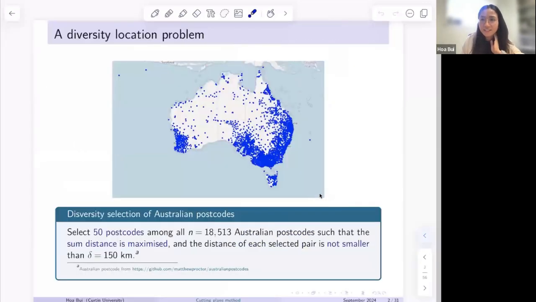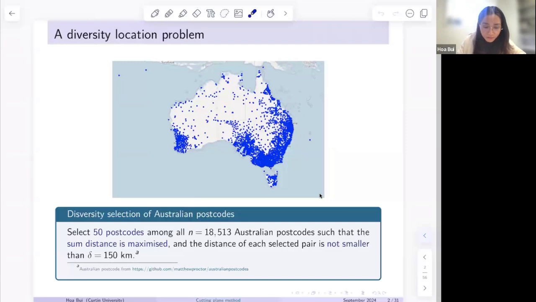Okay, so let's start with a very simple example. Suppose we have a map here with a lot of locations that you can choose. Here there are around 18,000 locations, and you want to locate your 50 expensive pieces of equipment throughout the map, so as to minimize the effect of one piece of equipment being taken down, for example.